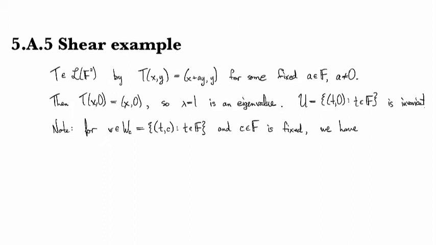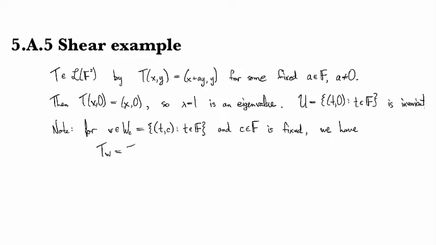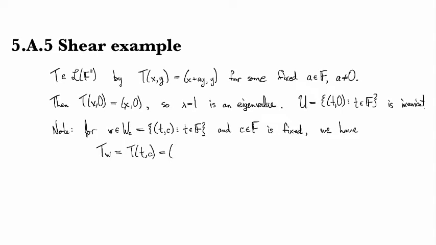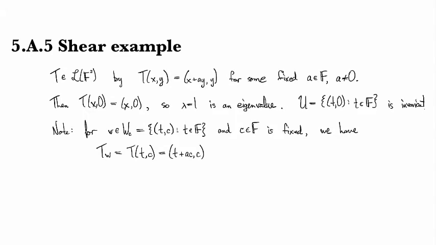So if we look at the action of T on this set here, WC, then T of T comma C, by the definition of the operator, is going to be T plus AC comma C. This is going to be back in WC again.